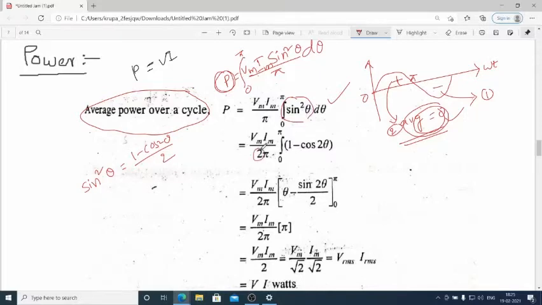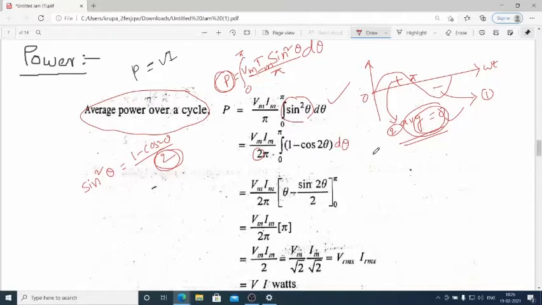So this 2 is a constant, so I have taken it out of the denominator. Vm Im upon 2 pi, integral over the period 0 to pi of (1 minus cos 2 theta) d theta.